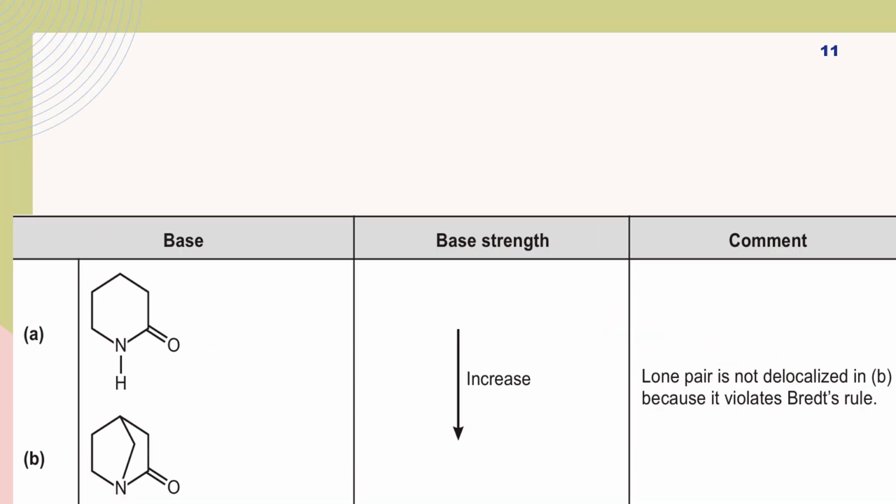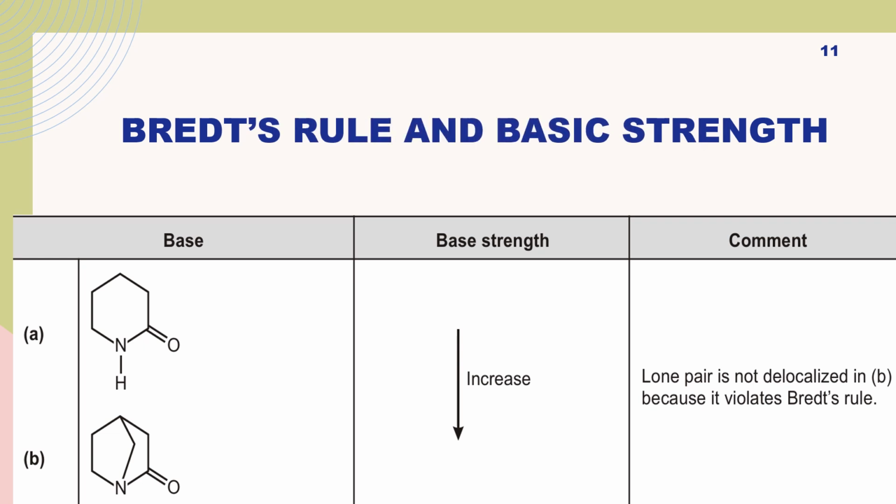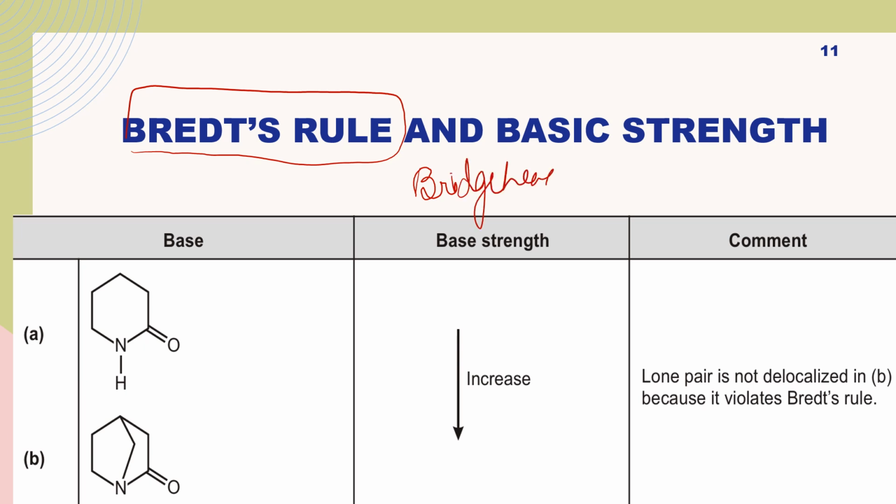Next one is Bredt's rule and basic strength. It's also very important. What is Bredt's rule? Bredt's rule is that bridgehead carbons cannot be sp2 hybridized. So the lone pair of compound A can delocalize, because there is lone pair pi bond conjugation.